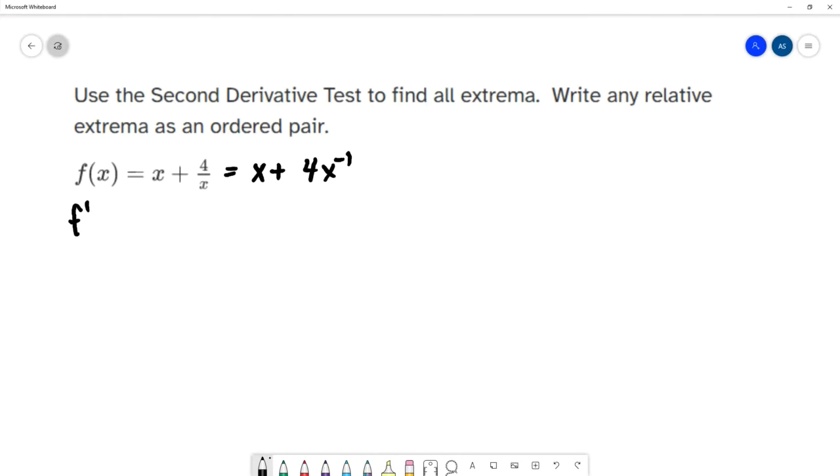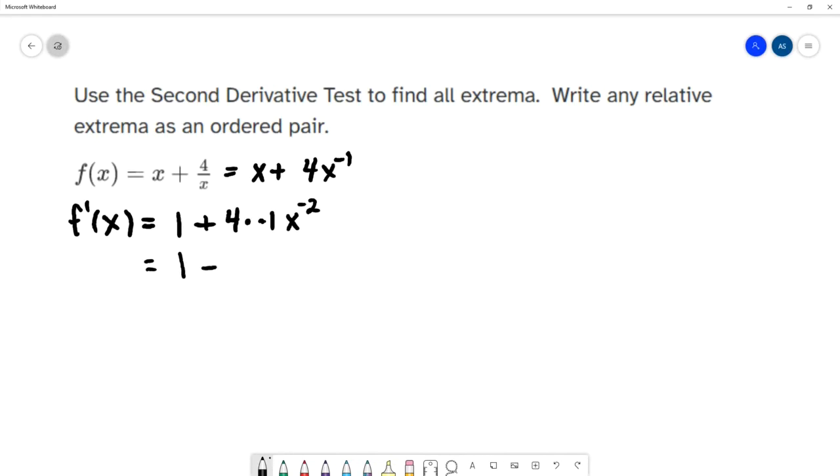So I'll calculate that derivative to get the derivative of x is 1, and 4 is a constant multiple. I'll carry that down, and I'll use the power rule on x to the negative 1. So the power rule says I multiply by the power, and then I subtract 1 from the power, so I get x to the negative 2.